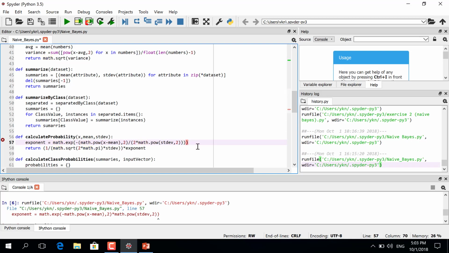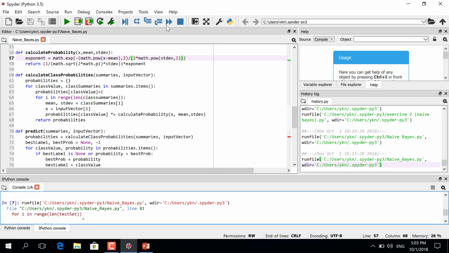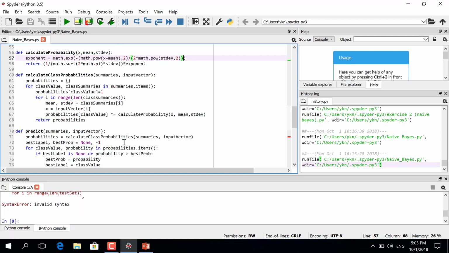Is it correct? Okay, we can start to run the model.